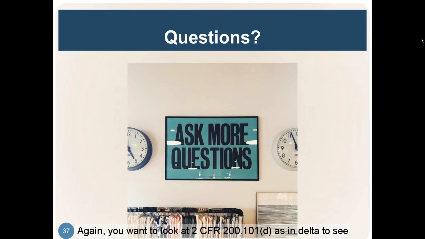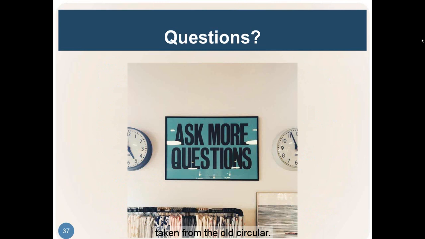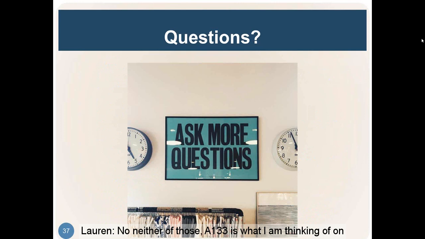And so again, you'd want to look at 2 CFR 200.101 D as in Delta to see specifically which aspects of the Uniform Administrative Guidance are required for LIHEAP, but definitely the sections that relate to, I believe it's Part F, about audit requirements, all of that was taken from the old circular, now I'm blanking on the number, but A133 is what I'm thinking of on the single audit requirements.